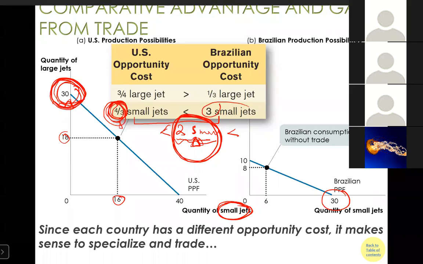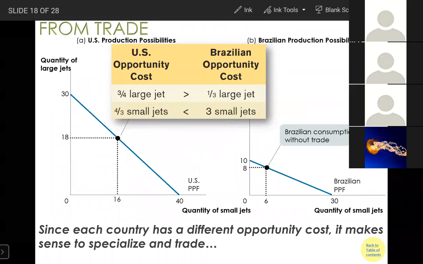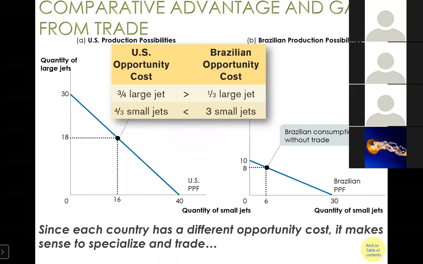So now let's erase everything. Finally, we need to discuss a more fundamental question. Let's just focus on the larger jet, this row. Clearly, American has smaller opportunity costs than Brazilian. That is why American specializes in producing the larger jet and sells to Brazilian.